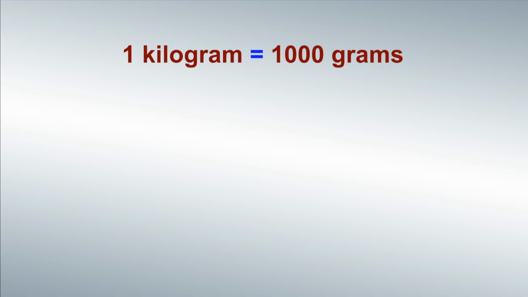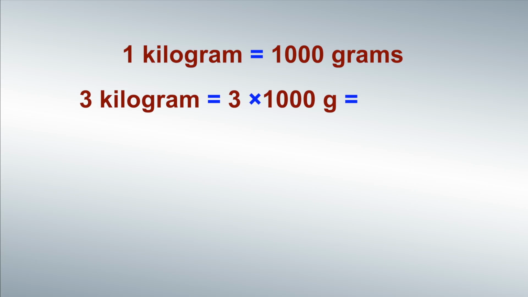As we know, 1 kilogram is equal to 1000 grams. So, 3 kilograms is equal to 3 multiplied by 1000 grams, which is equal to 3000 grams.